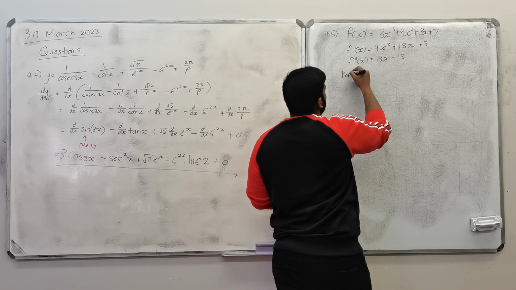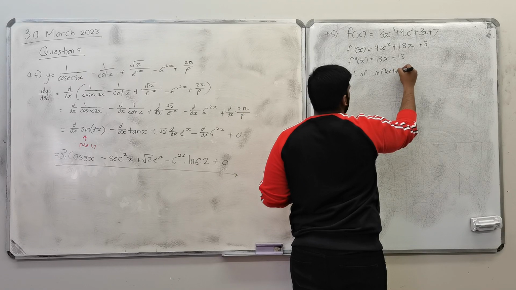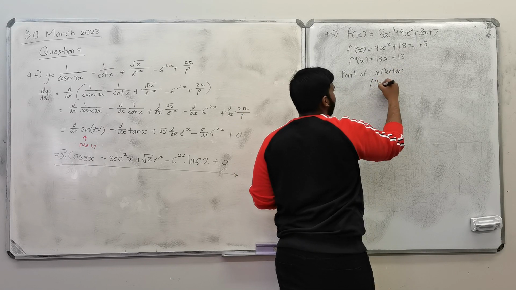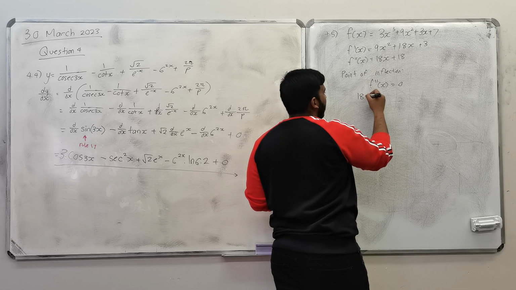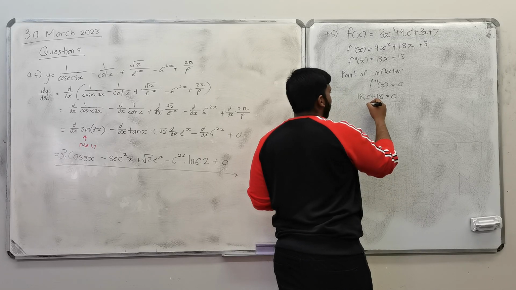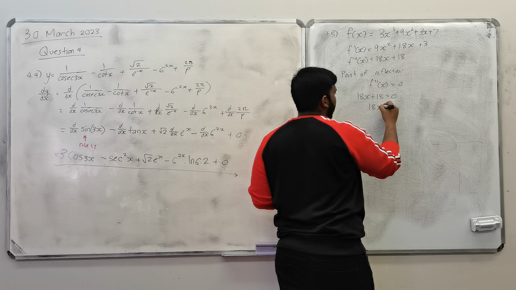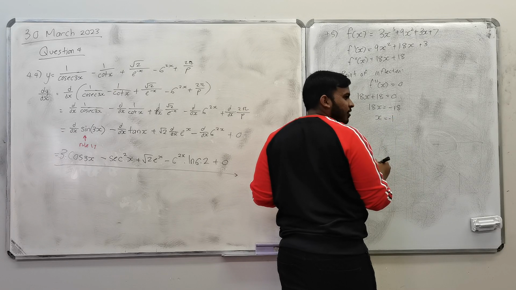So for point of inflection, you let your second derivative equal to 0. So you let 18x plus 18 equal to 0. So 18x is equal to negative 18, x is equal to negative 1.